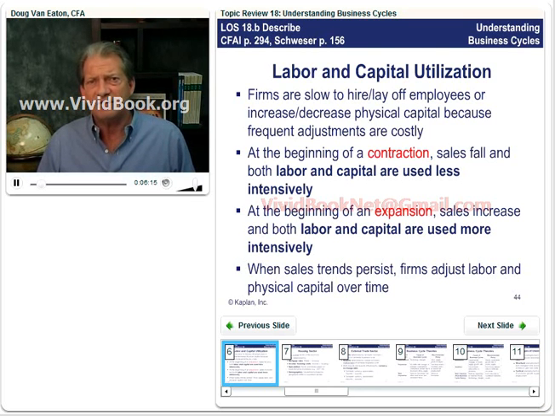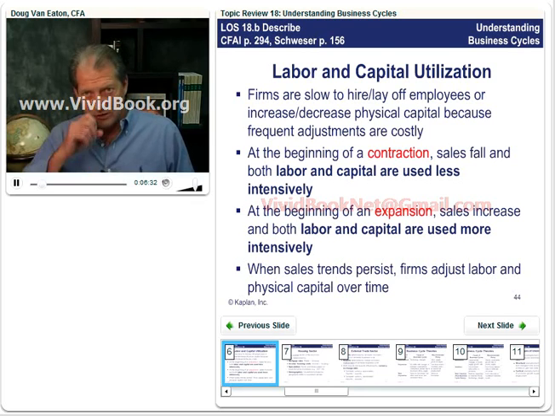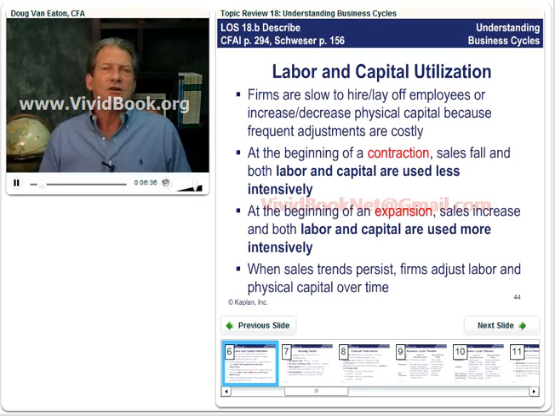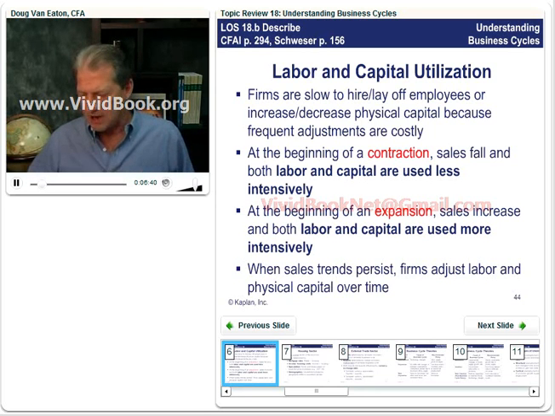So intensive use through the beginning going into an expansion, and less intensive use as we move into a contraction. So looked at that way, it's not that hard to remember. And when sales trends persist, if we've got a long, persistent recession, then firms are going to adjust, and that's what causes this other effect coming out of the trough into the expansion.